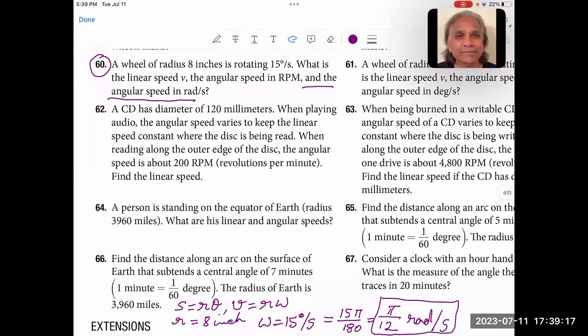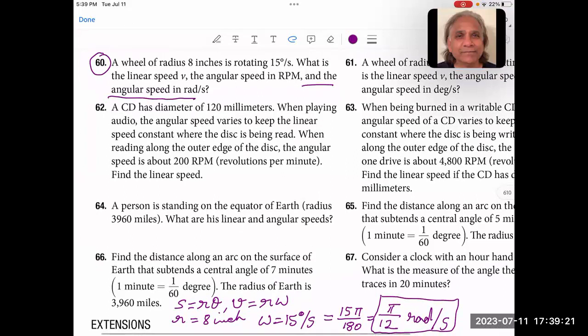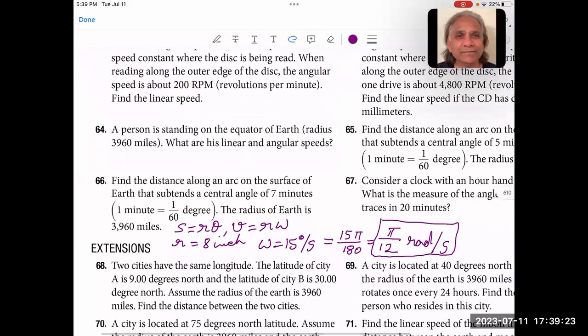And now we can use this omega in this equation to figure out V. So V equals R, the radius, which is 8, and then omega, which is pi over 12. So 8 pi over 12.